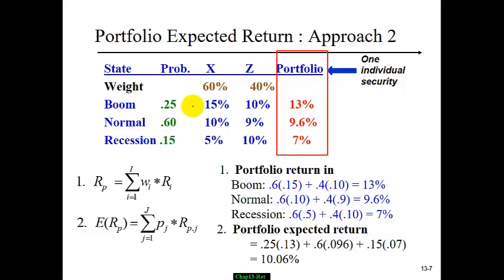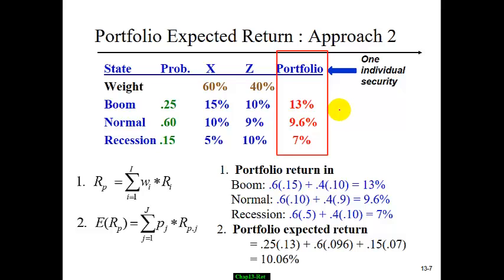For example, in the case of a boom economy, 60% of my money earns 15% return. 40% of my money earns 10% return, which means my portfolio will give me 13% return in the boom. I apply the same procedure for normal and recession. My portfolio will earn 9.6 under normal economy, 7% in recession.